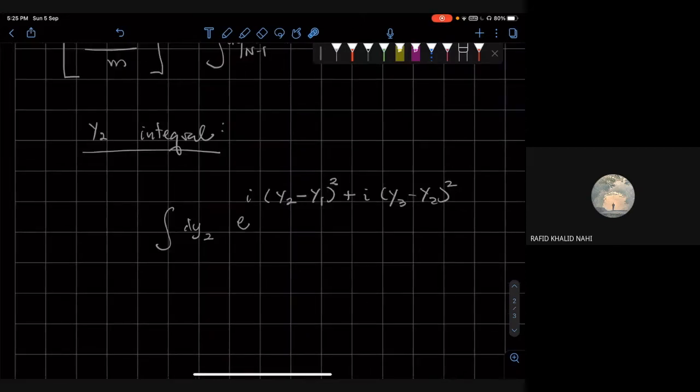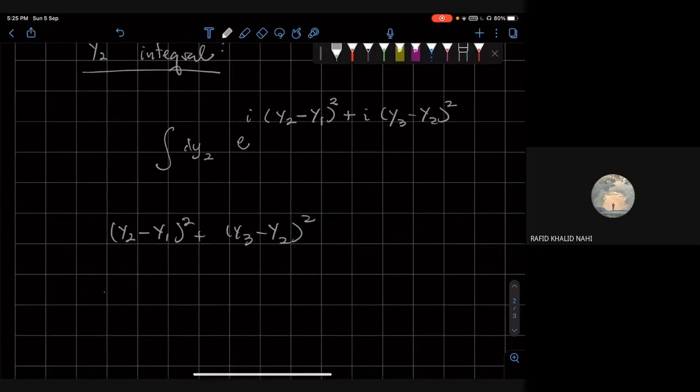So then what we do is that we take the argument, except the i, let's just simplify that: y2 minus y1 whole squared plus y3 minus y2 whole squared.